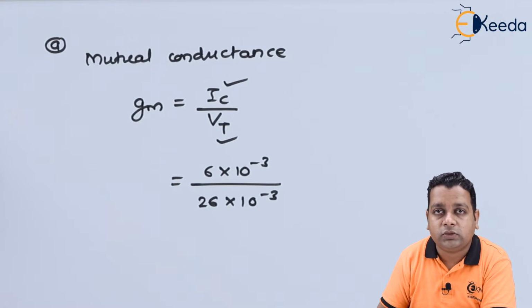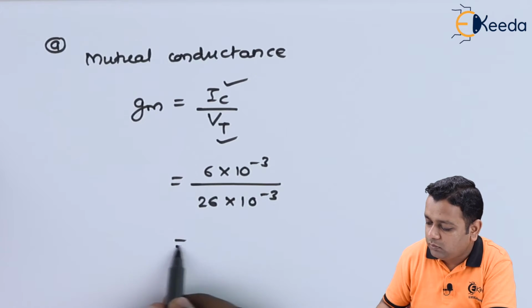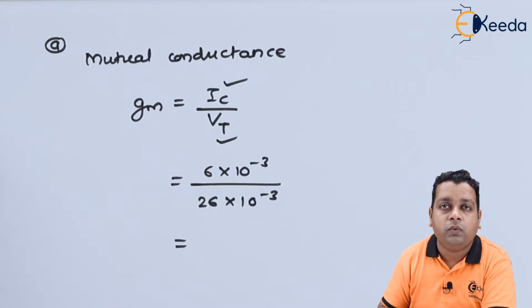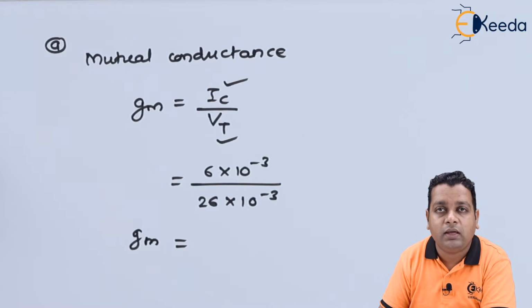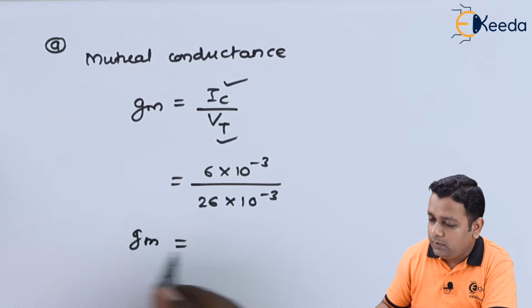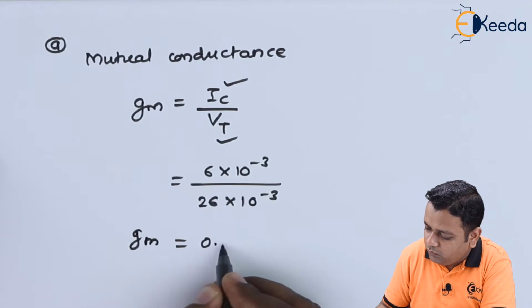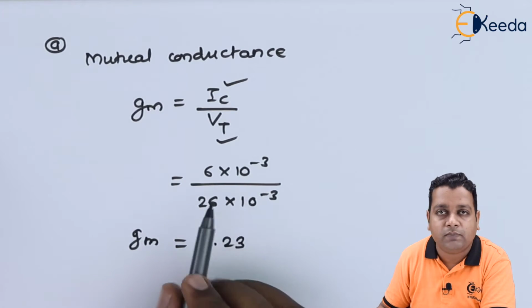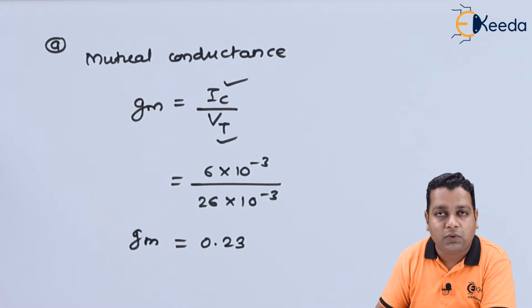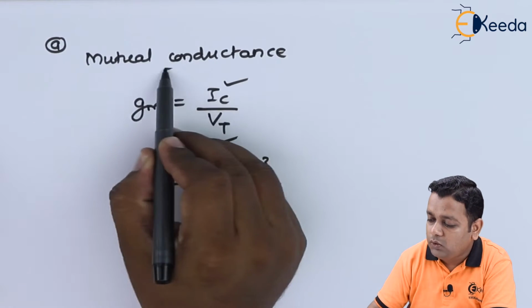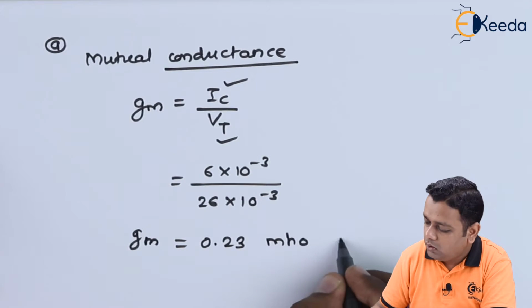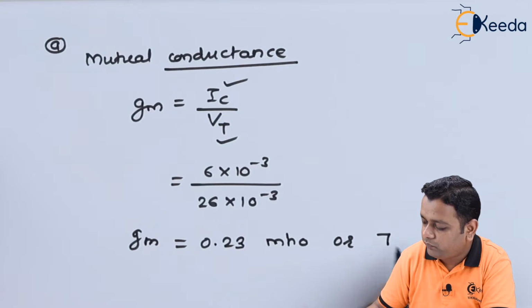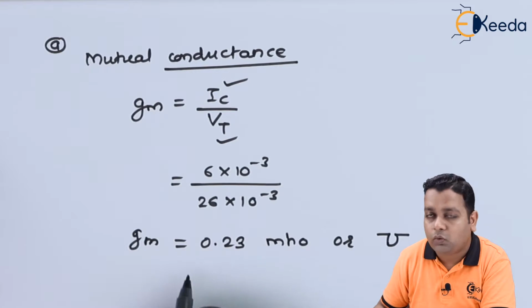So here 10 raised to power minus 3 from the numerator and the denominator will get cancelled, and finally the mutual conductance denoted by small g suffix m will be obtained as 0.23. It will be simply the division of 6 by 26. As this is the value of conductance, it should be measured in terms of mhos. Here I write MHO, or we can also write here the inverted omega sign.